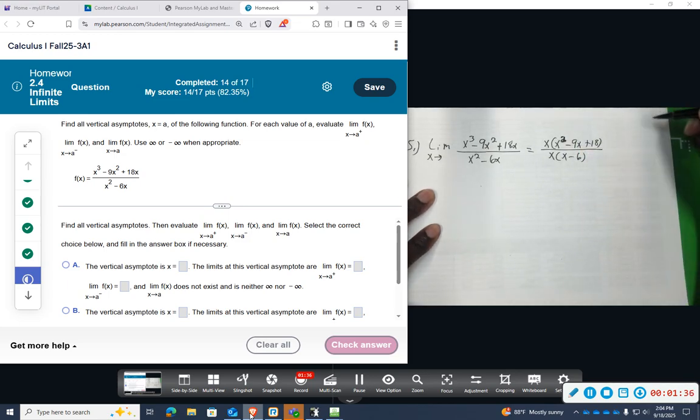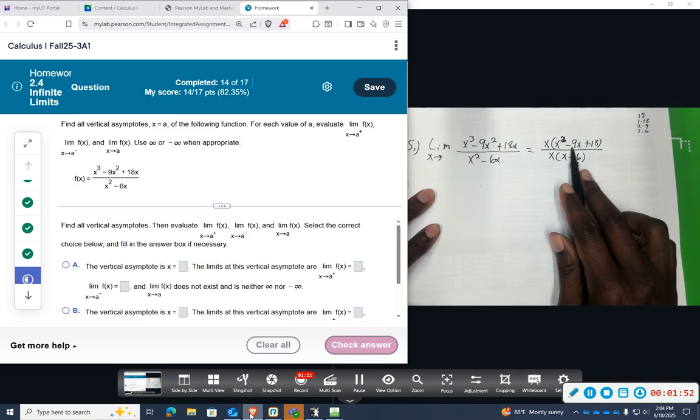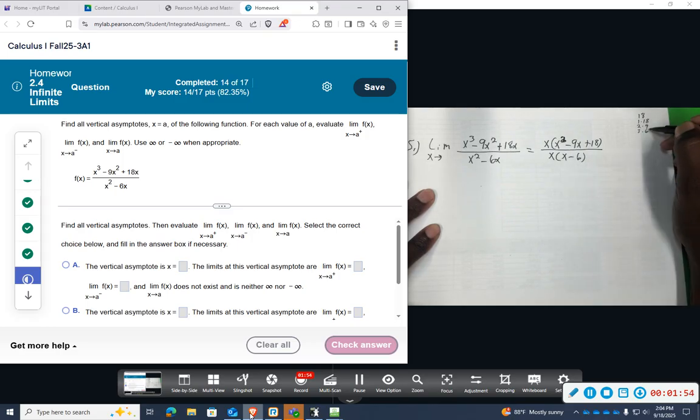Coefficient of 1 times 18 will give us 18. And the factors of 18 are 1 and 18, 2 and 9, 3 and 6. And we want to add the factors to get 9, and it looks like 3 and 6. So this will factor a little bit further.